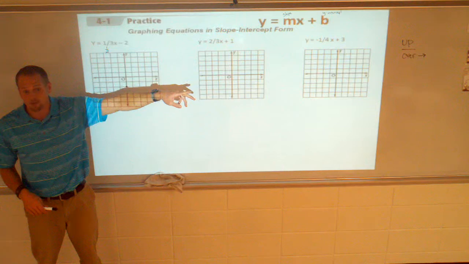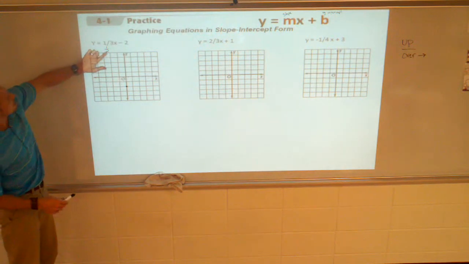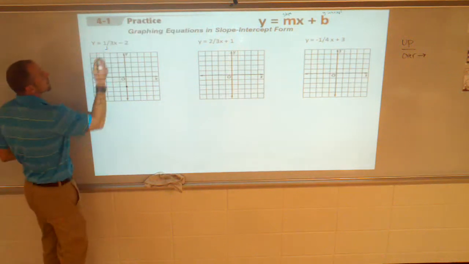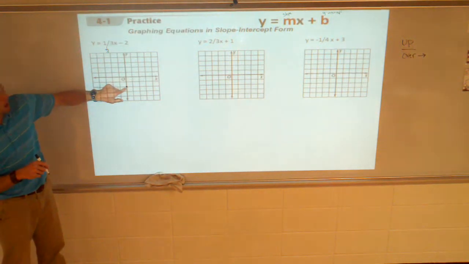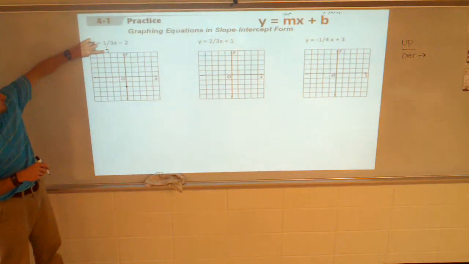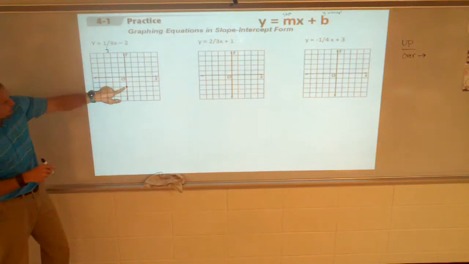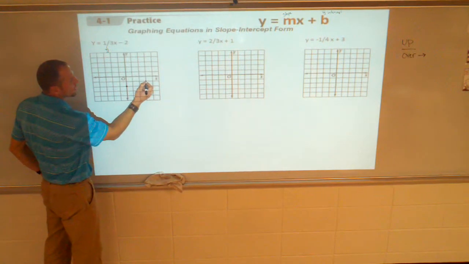That's the only thing you have to remember. Now, my slope is 1/3, I'm sorry, I miswrote that. So from my y-intercept, I'm going up 1 over 3.